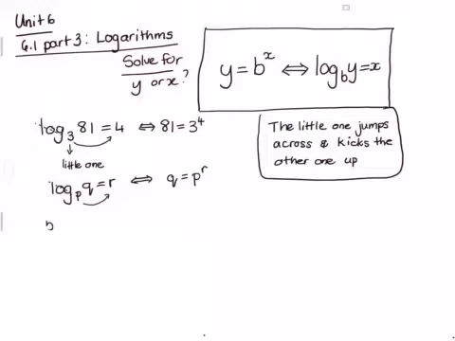Now notice if you know your rule, you can actually do it backwards too. So, in this equation, I have the value of the 5 and the 2, but I want the x. So I say to myself, well, if we use our rule backwards, which one was the little one? It must have been the 5 because it kicked the x up, right? So the x would slide back to its place. The 5 will become the little one, but it can only be the little one if I put the word log in front.